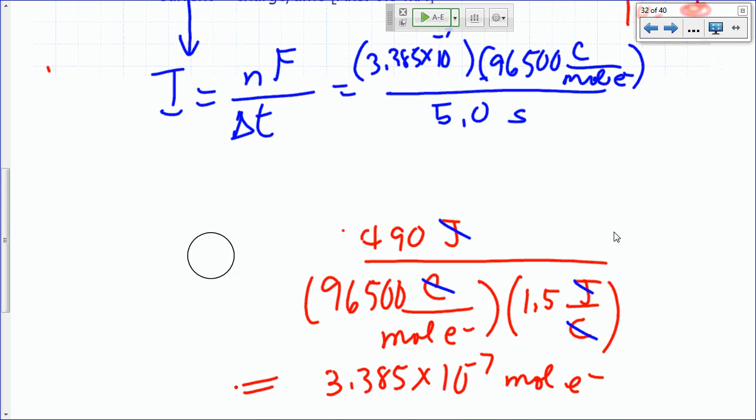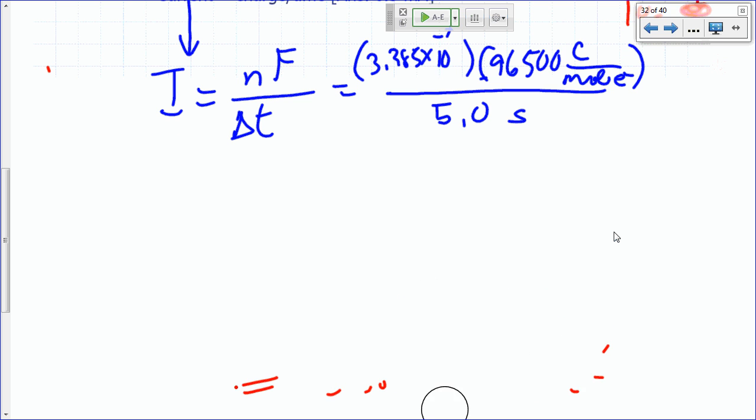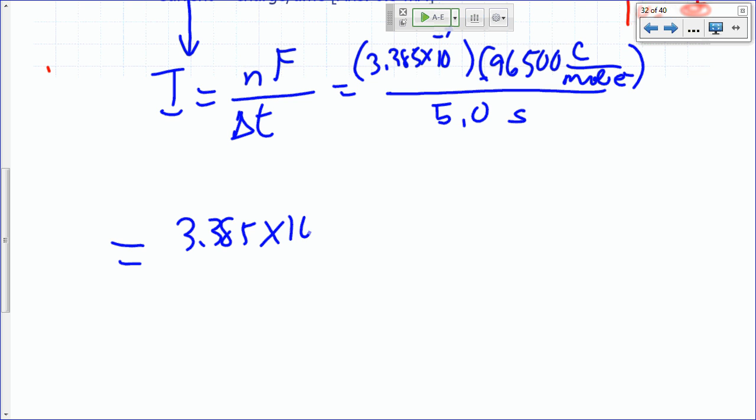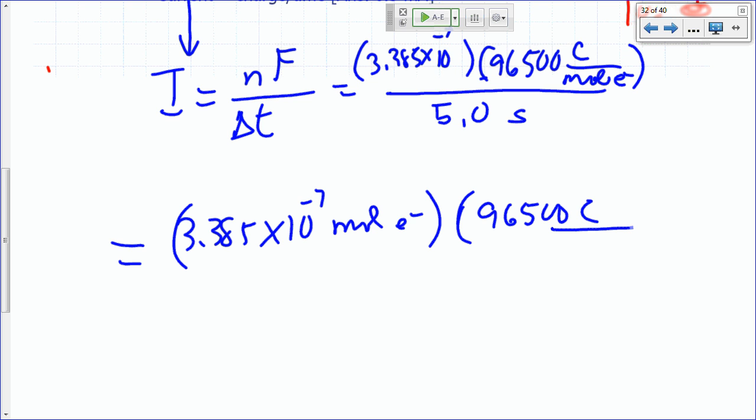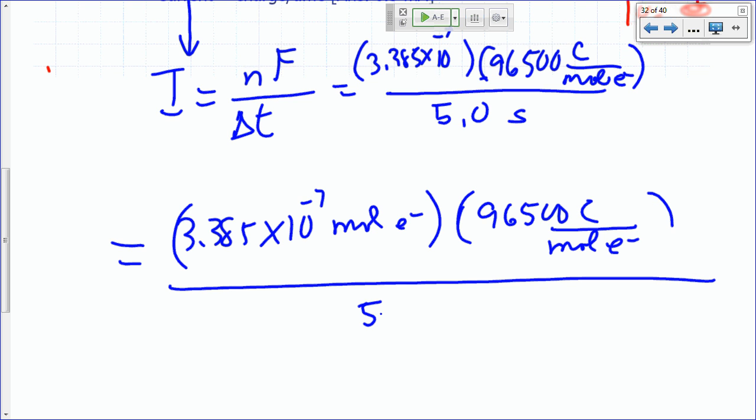Let me redo this. So current is 3.385 times 10 to the negative 7 moles of electrons multiplied by 96,500 coulombs per mole of electrons, divided by 5 seconds. Moles of electrons cancel out. That gives you coulombs per second.